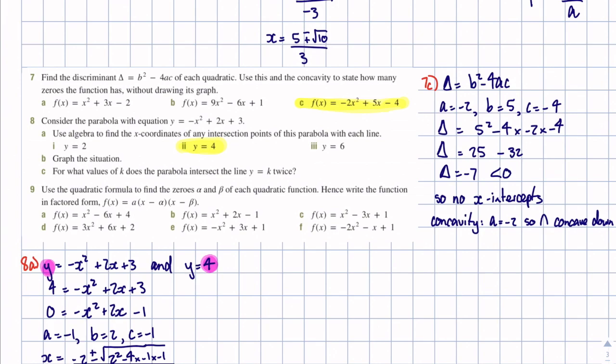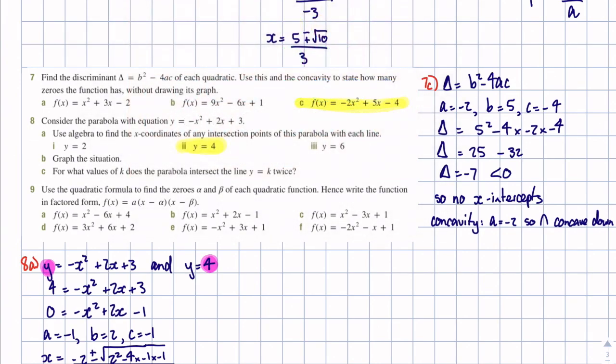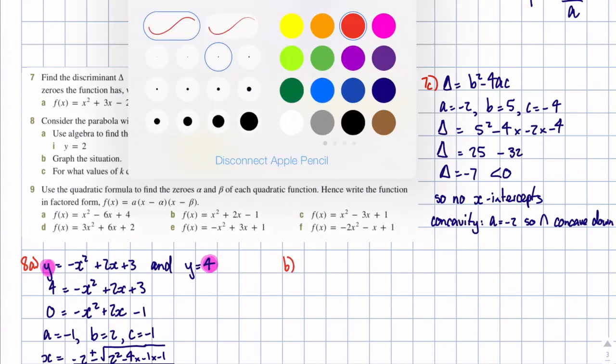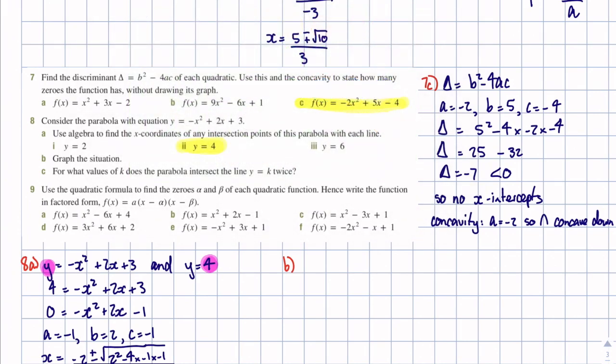Oh, 8b, graph the situation. Gosh. Okay. So, I actually need to graph y equals 4 and graph y equals negative x squared plus 2x plus 3.